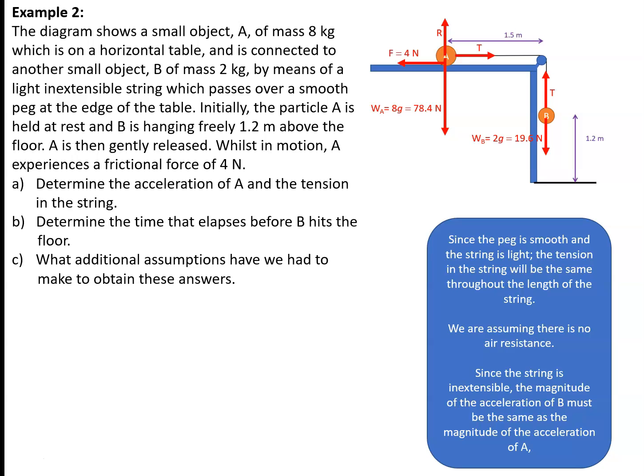If the displacement of A is always the same in magnitude as the displacement of B, then the magnitude of the velocity of A must be the magnitude of the velocity of B, and the magnitude of the acceleration of A will therefore be the same as the magnitude of the acceleration of B. So we can put the acceleration of A being little a, and that will also be the acceleration of B.